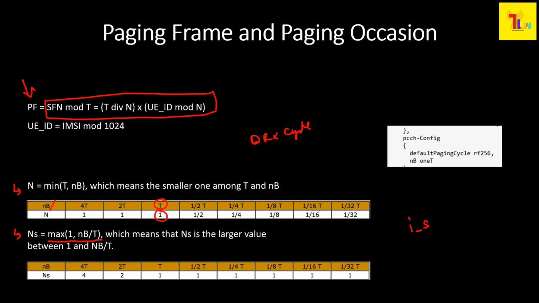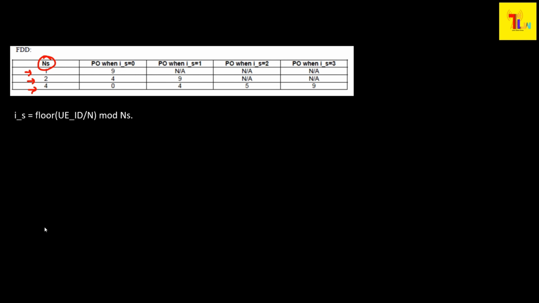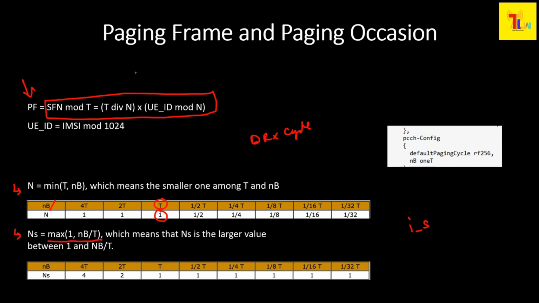So this is your NS value which is calculated from here, either 1, 2 or 4. NS can be calculated with the variables NB and T, which we have already calculated. Okay, this is the formula and this is the table as per 3GPP.